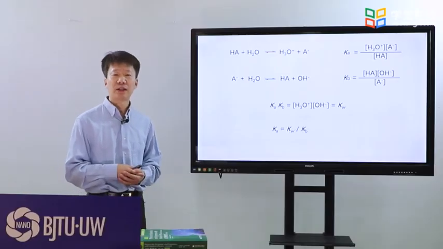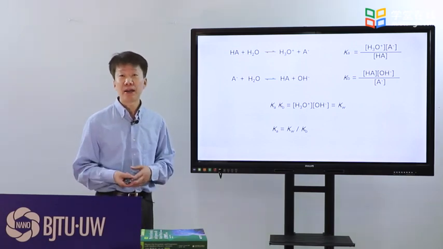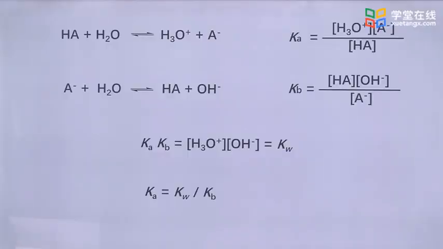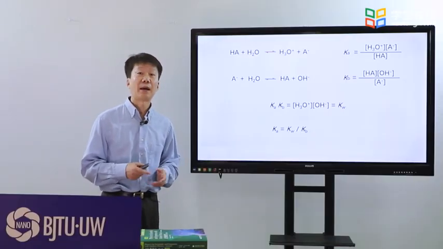Before we can predict, we need to know the relationship of Ka and Kb in a conjugate acid-base pair. Here, HA and A- compose a conjugate acid-base pair. One proton difference in the chemical formula.